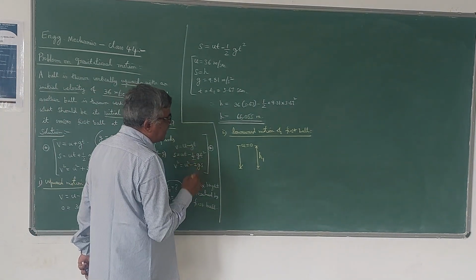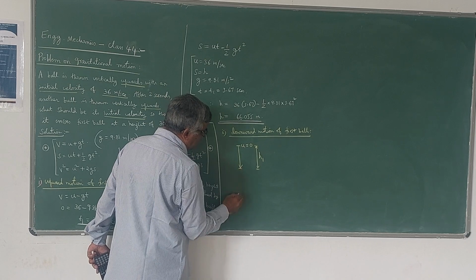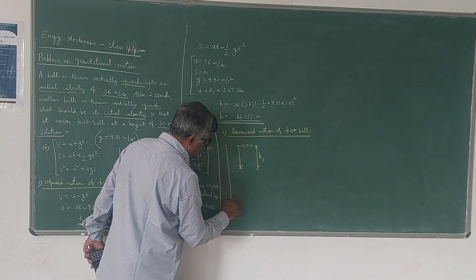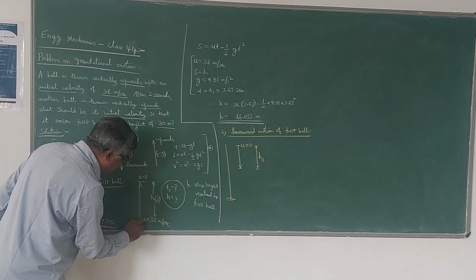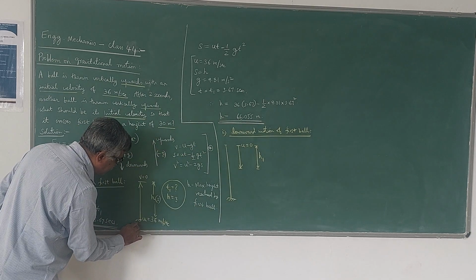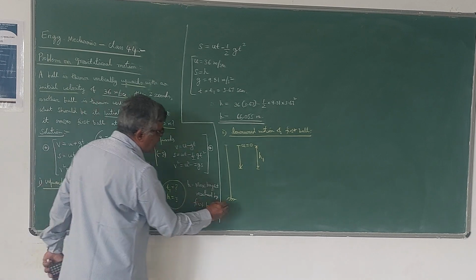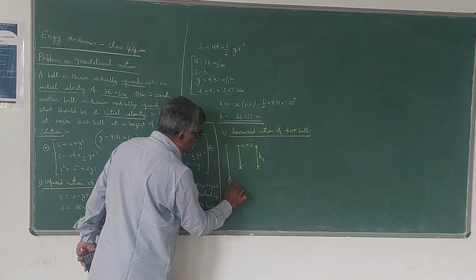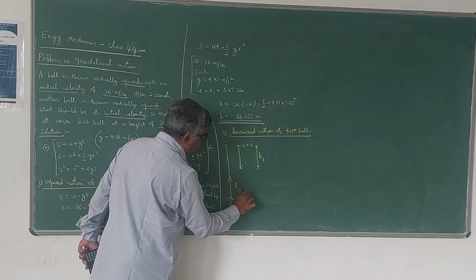That means another ball is thrown upwards like this. This is the ground level. So the second ball is thrown upwards like this. This is the second ball. This is the first ball.